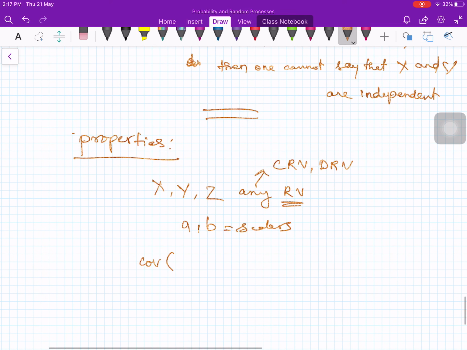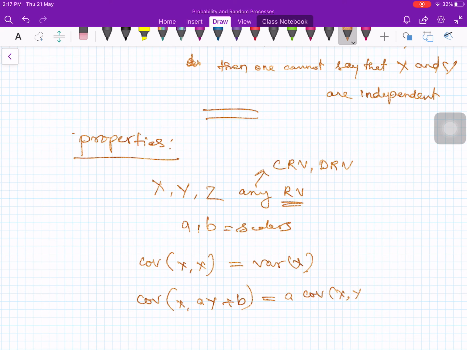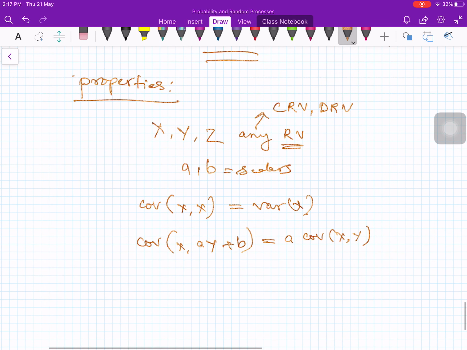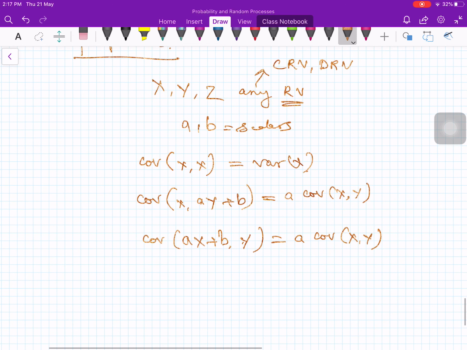I think I have already proved this: covariance of x with x itself is variance of x. This is one property. The second one is covariance of x comma ay plus b equals a times covariance of x comma y, or covariance of ax plus b comma y equals a times covariance of x and y.